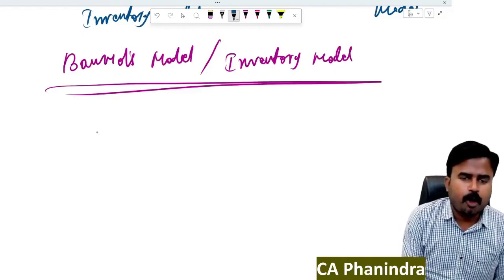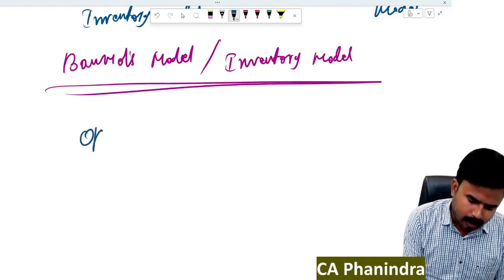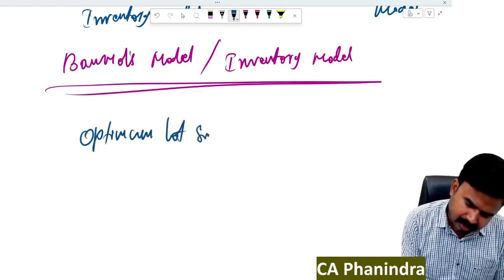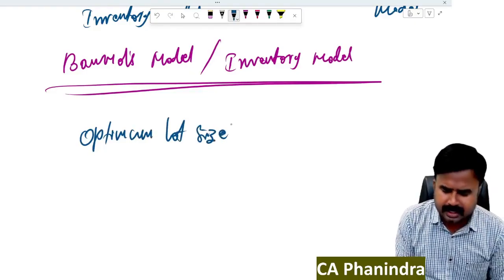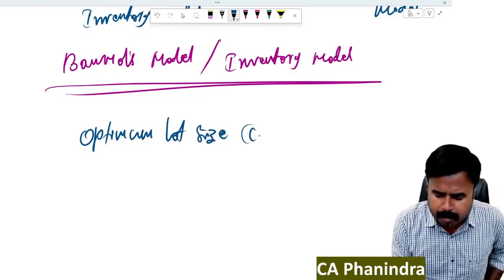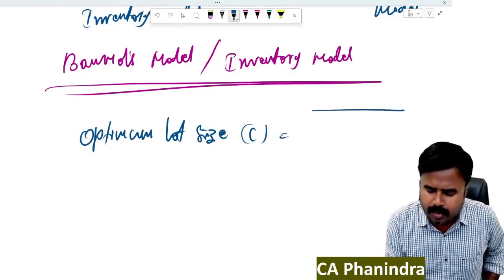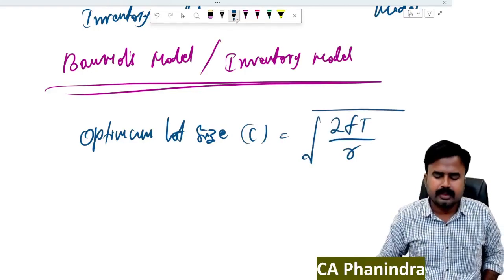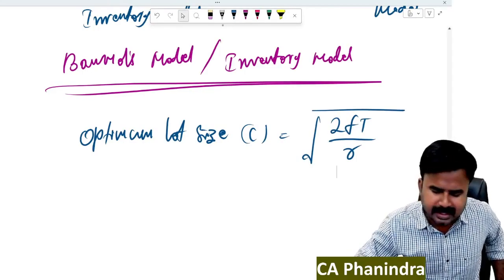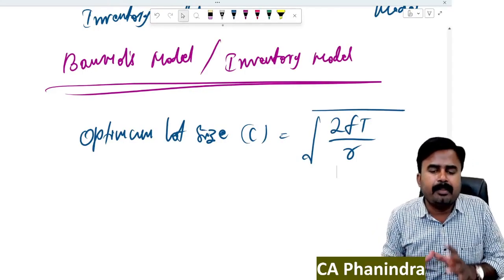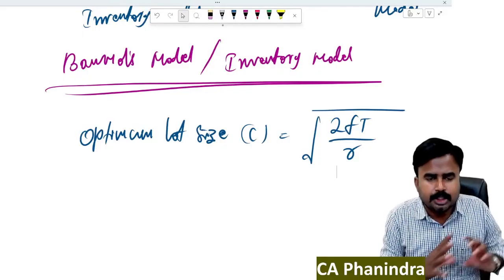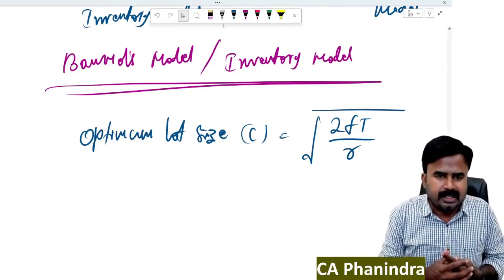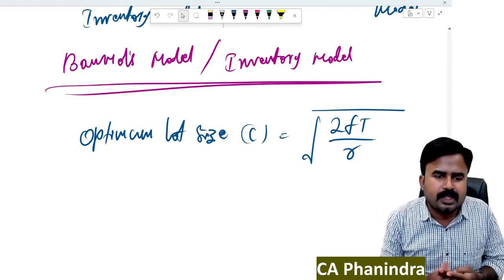There is a formula for optimum cash balance, or optimum lot size. I'll give you a brief introduction. Optimum lot size is C equal to square root of 2FT by R. So what is this optimum lot size? Generally, every company will maintain cash and short-term securities like money market instruments, Indian treasury bills, certificates of deposit, intercorporate deposits, commercial papers.